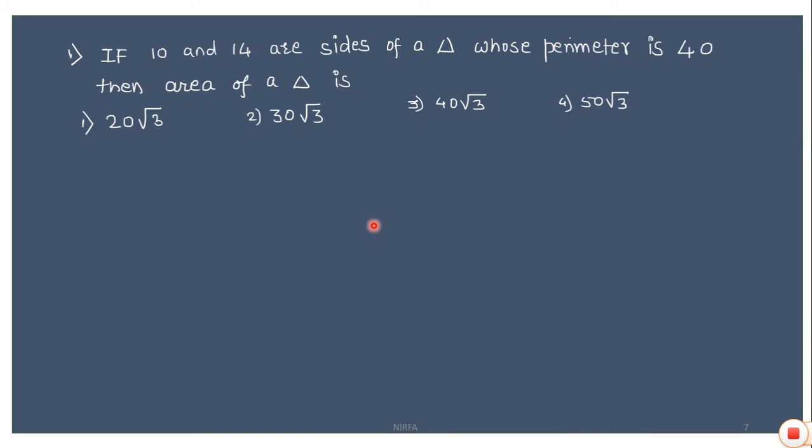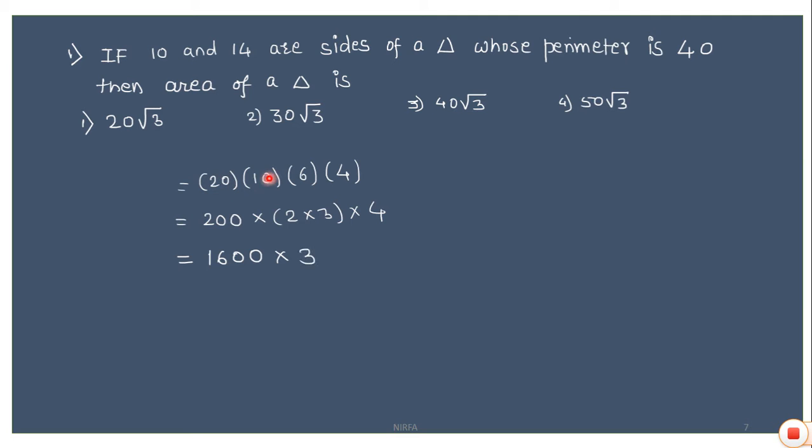Keep in mind this 16, and the semi perimeter is 20. Okay, and then just calculate this. You write in the first bracket semi perimeter, then semi perimeter minus this 10.